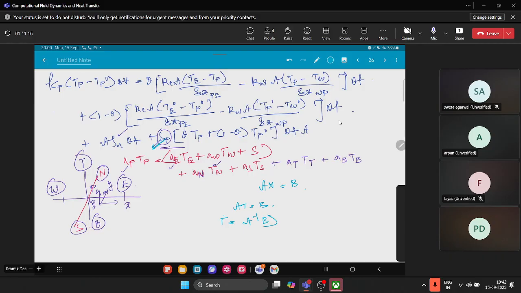If I write T itself as a column matrix, it will be T1, T2 and going to Tn.